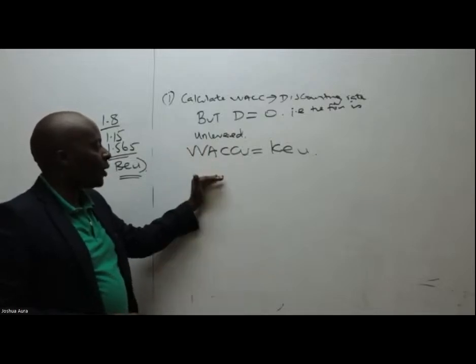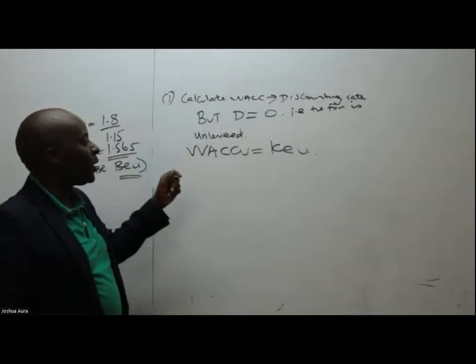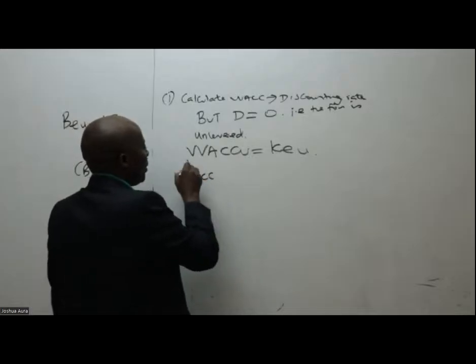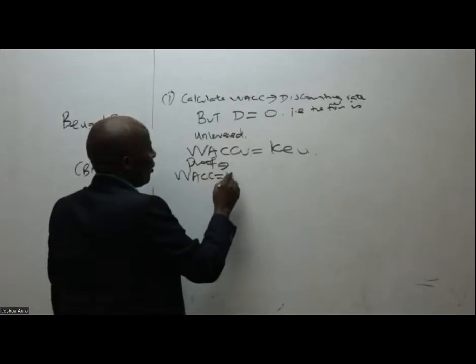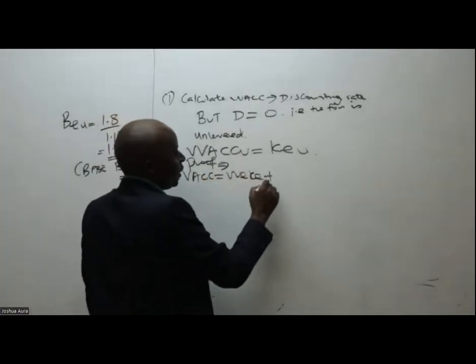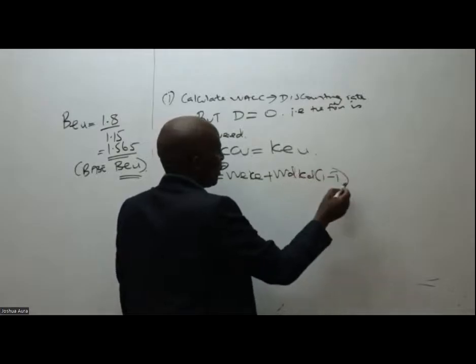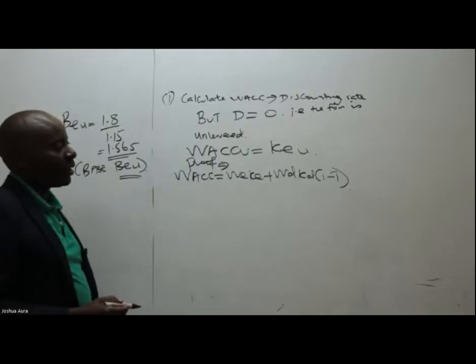No. It's WACC-U equals Ke-U. And we can prove this, because to get WACC, we take weight of equity times cost of equity, plus weight of debt times cost of debt, times 1 minus tax.